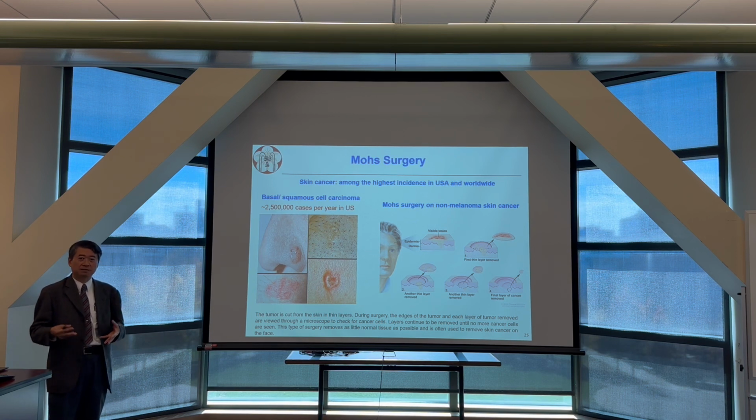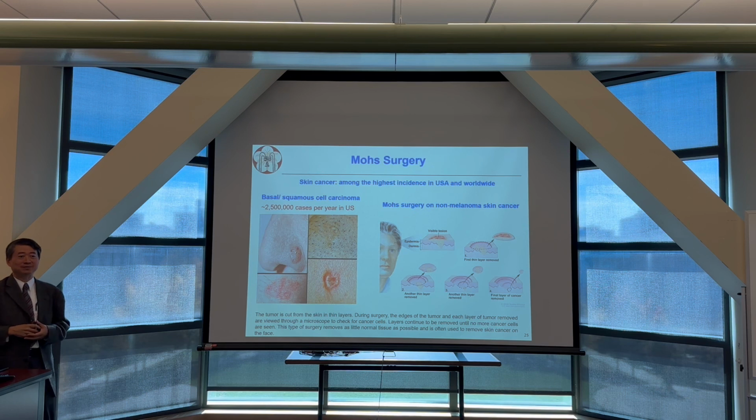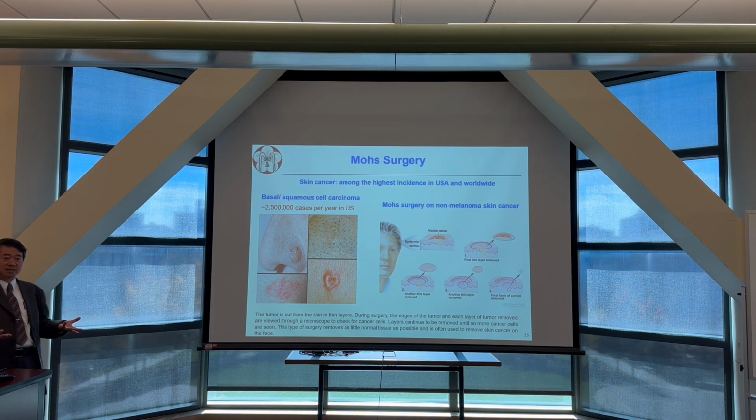That usually takes about 1 hour. So the patient sits on the bench for 1 hour waiting for the result, whether the whole malignant tumor is removed. If yes, then he can go back home. If not, they take a second slice. With OCT, you don't need to wait for the 1 hour after each slice. You can immediately make a diagnosis. Then it will be very beneficial for the patient, the physician and the hospital.